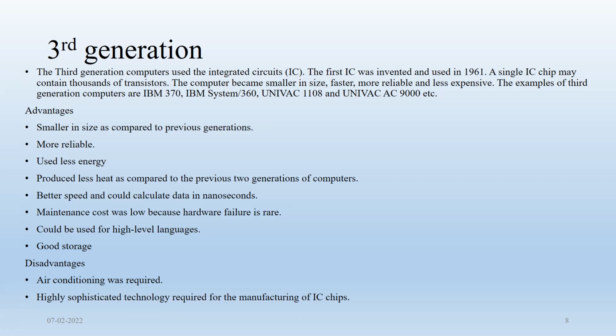Better speed. Now speed has changed to nanoseconds. Nanoseconds means 10 to the power 9. You can estimate that 10 to the power 9 instructions can be resolved per second. Maintenance cost was low because hardware failure is rare, so such systems don't require much maintenance cost.